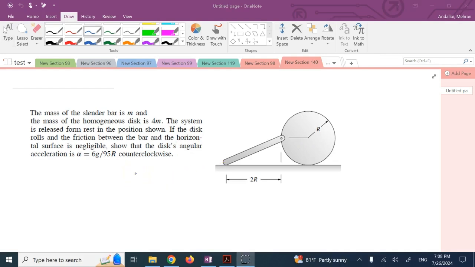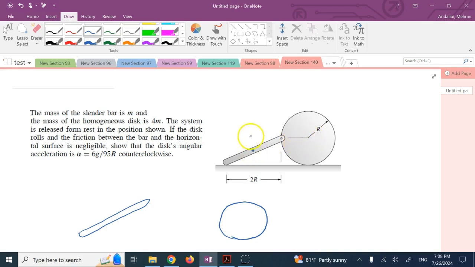So here we need to draw 2 free body diagrams, right? Because we're going to use the Newton method, although even if we used work energy, we still needed the free body diagrams. So here is the first one, and here is the second one, and I would like to give these points some names.